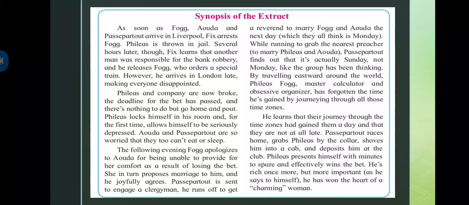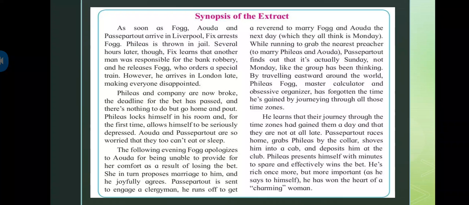Then Fogg and Oda, the next day, which they were thinking was Monday, as they thought it was going to be Monday. While running to grab the nearest preacher to marry Phileas and Oda, Passepartout finds out that it's actually Sunday, not Monday, like the group has been thinking.